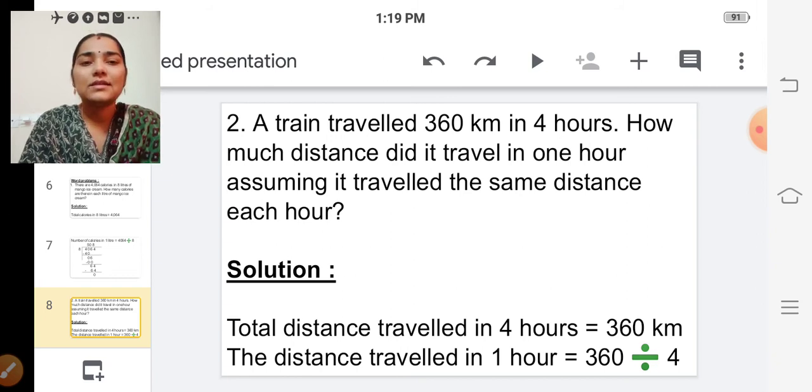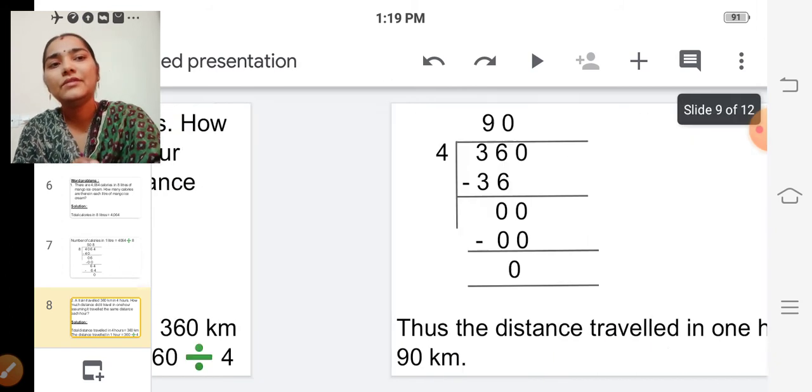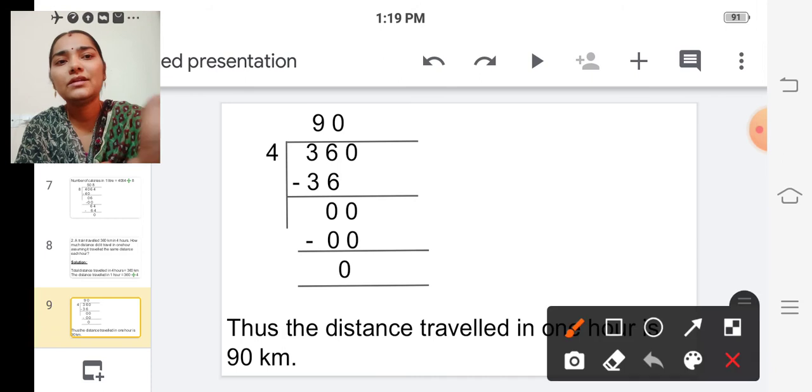See the solution. Total distance travelled in 4 hours is equal to 360 kilometers. So we are going to find out the distance travelled in 1 hour, which is equal to 360 divided by 4. So let's divide 360 by 4.